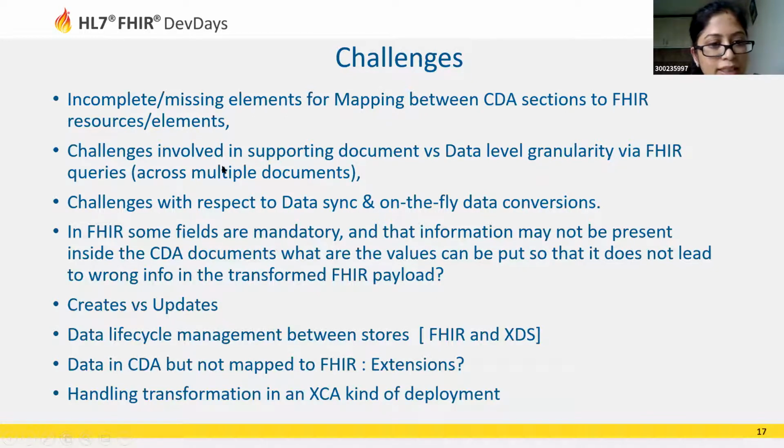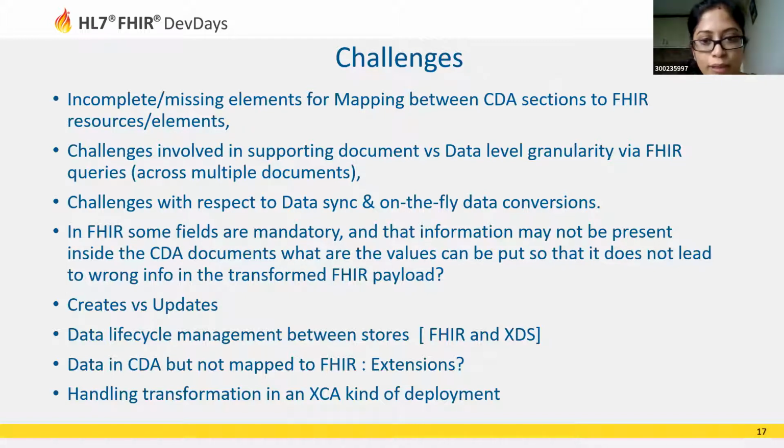The other would be challenges involved in supporting documents versus data-level granularity. If the ecosystem has a single document, it's quite straightforward that you could just transform it to FHIR and give it out. But what if the patient has, over a period of time, multiple documents? How do we go about doing the transformation with respect to historical documents as well as the current documents? At what point does that need to be done?